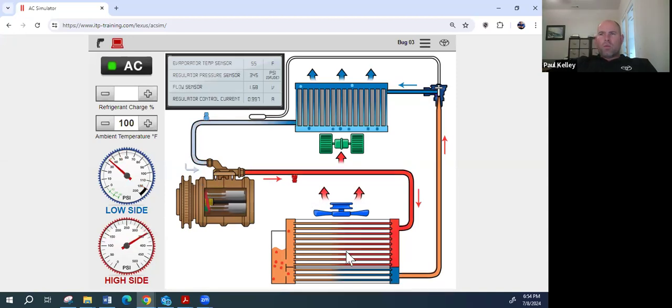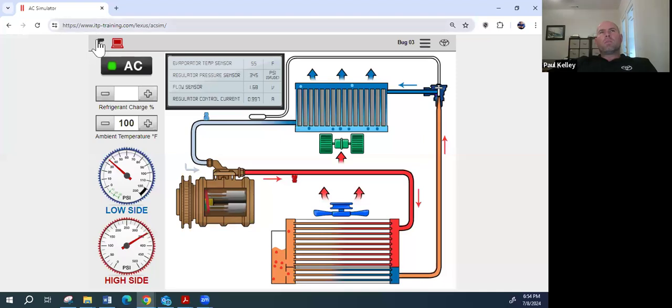So if the high side's too high, but the low side's normal, that means the high side's too what? High and too, come on. Pressure and temperature have a close relationship. Too high, too hot. As soon as you see the high side too high, it means the high side is too hot.